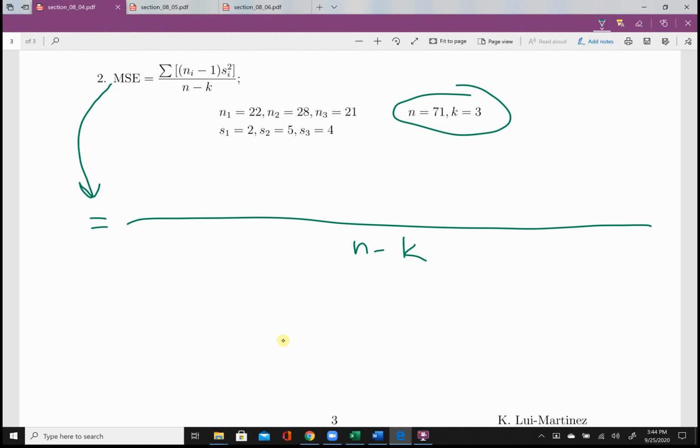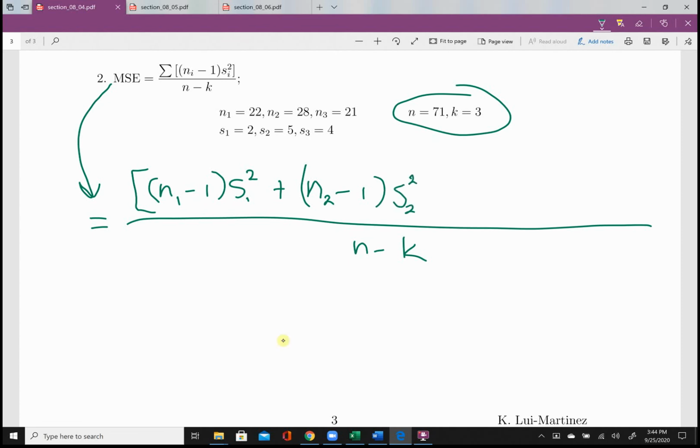So this needs to look like, I'll put brackets here, (n sub 1 minus 1) times s sub 1 squared. That's the first term of this summation. Then we add (n sub 2 minus 1) times s sub 2 squared.